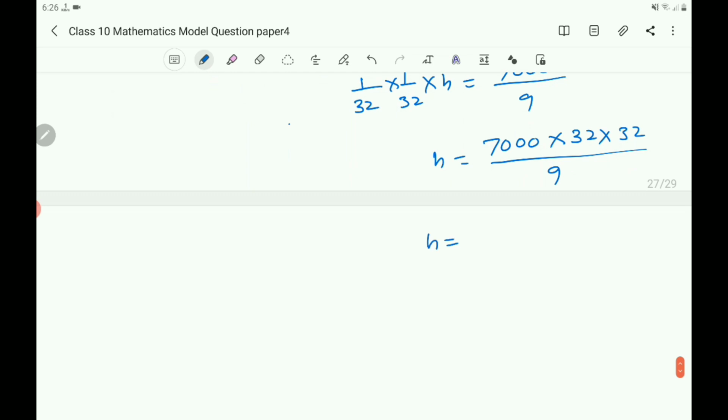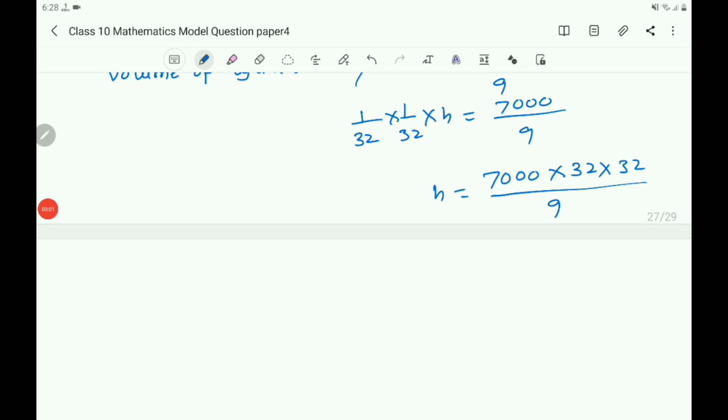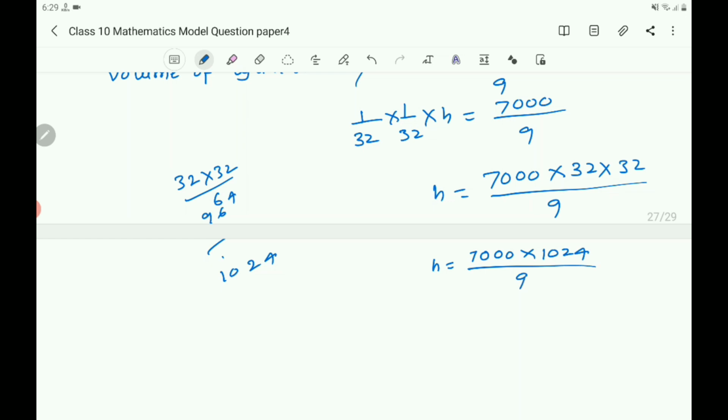So h equals 7000 into 32 into 32. You know that is 1024. 32 into 32: 32 twos are 64, 32 threes are 96, then you will get 1024 by 9.